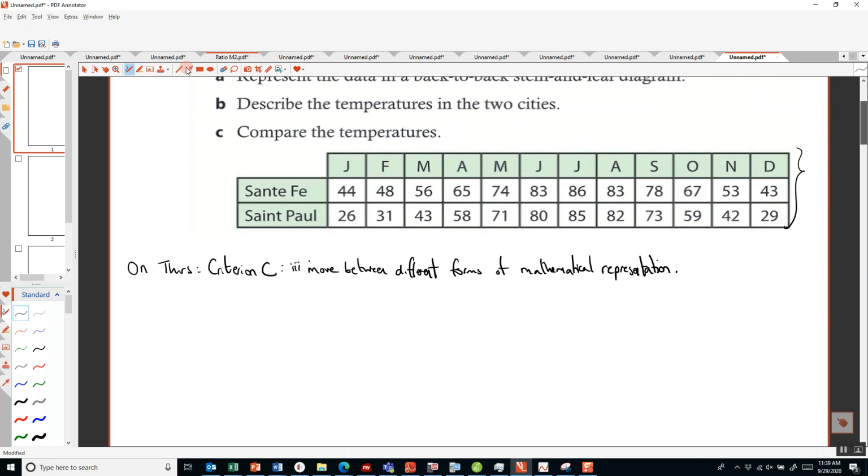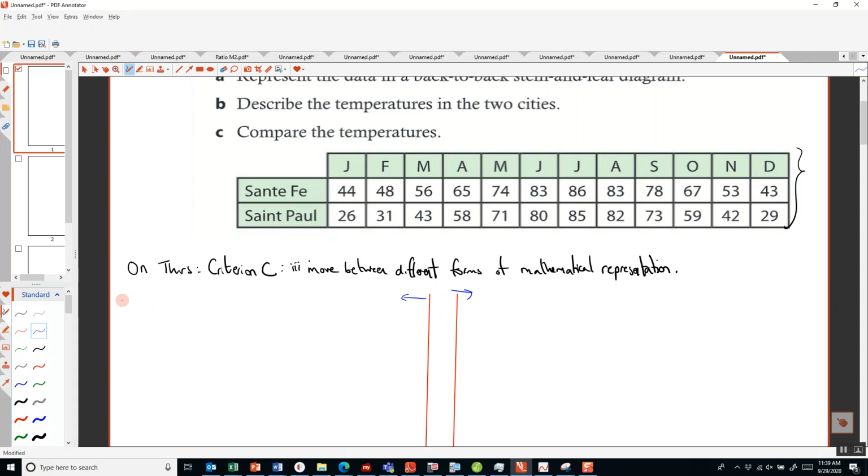Now remember, a back-to-back one is going to have two parts to it, isn't it? So it's going to have numbers on either side. We're going to have numbers going out this way, and numbers going this way as well, okay? Now these need to be in order.